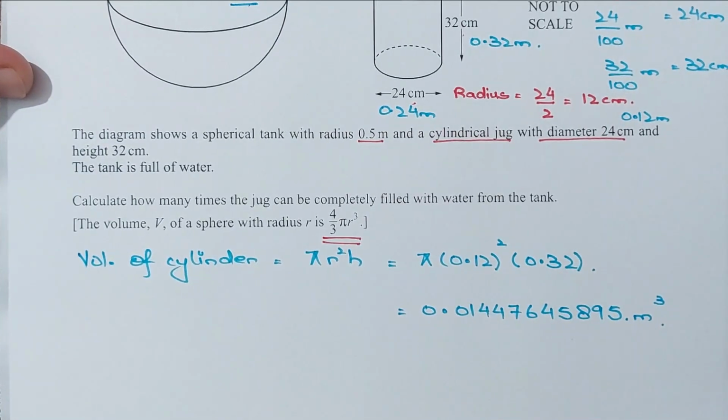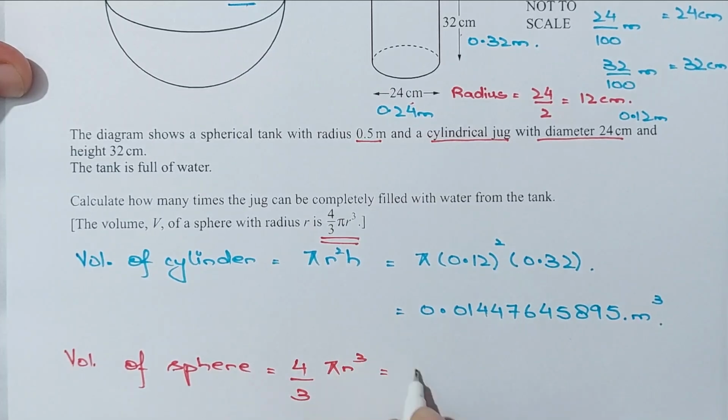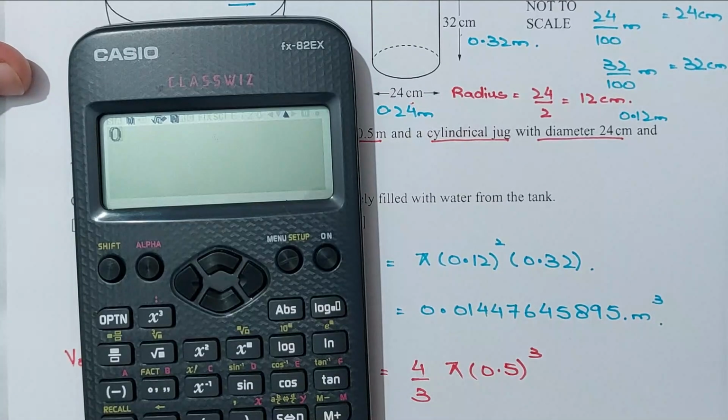All right. Now let's find the volume of the spherical tank. Volume of a sphere is 4 by 3 pi r cubed. 4 by 3 pi, and the radius is 0.5 cubed. This is in terms of meters, right?